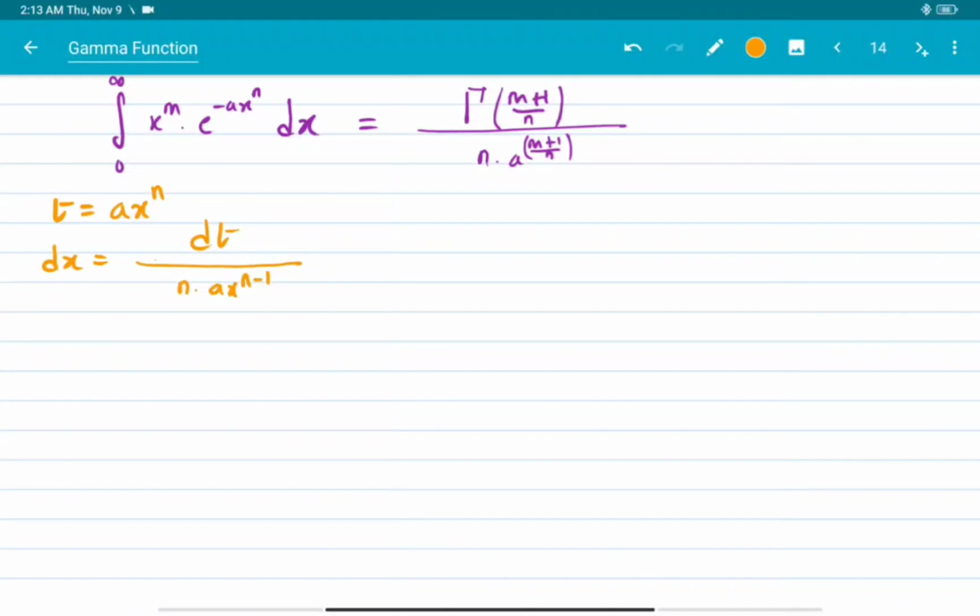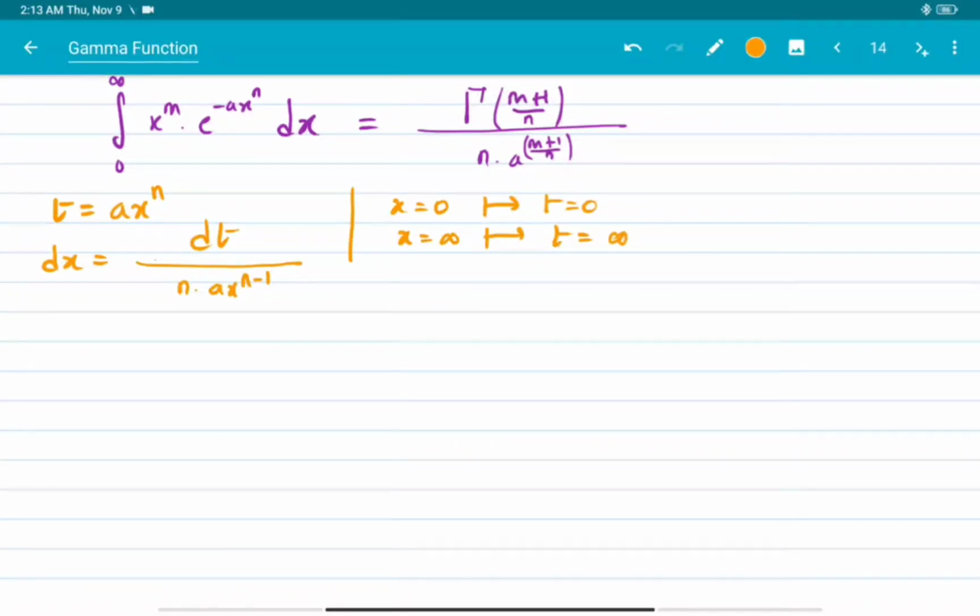Okay, and when x equals 0, t equals 0, and as x goes to infinity, t turns into infinity.